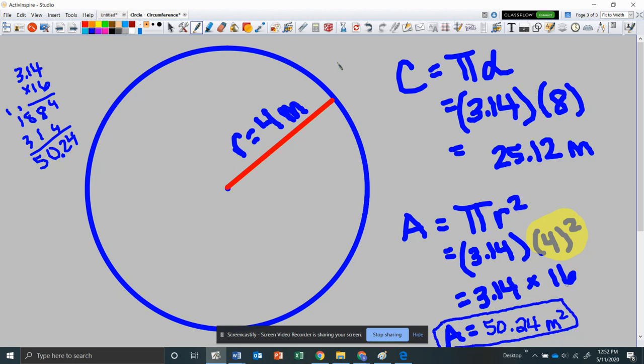So these are the 2 formulas you're going to be using. You might want to pause this video and write these 2 formulas down. You want this one, circumference is pi times the diameter, and you want area, which is pi times the radius squared. Okay?